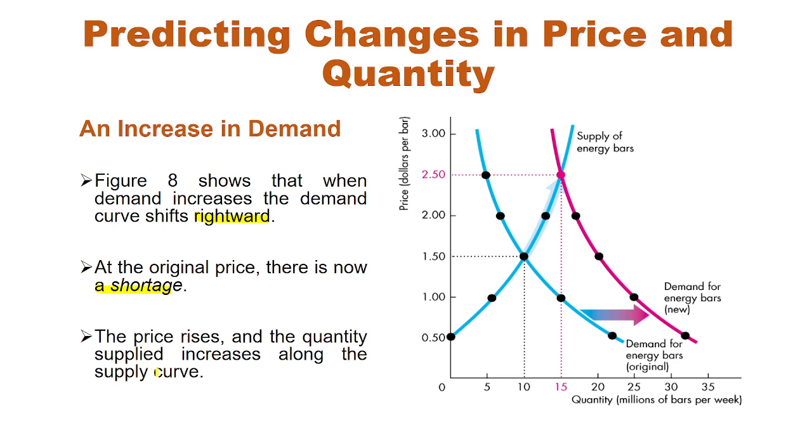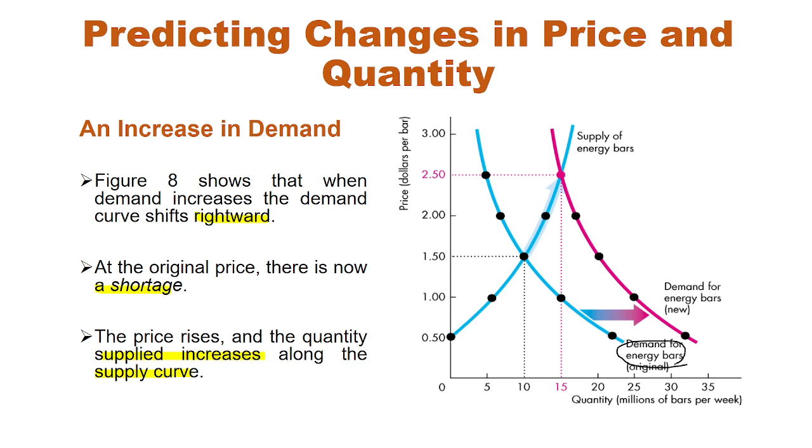So the price rises and the quantity supplied increases along the supply curve. So again, from the first part, we have the original equilibrium conditions in the demand and supply original curves.